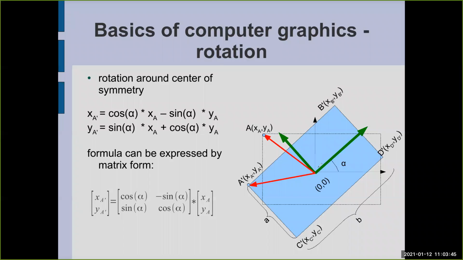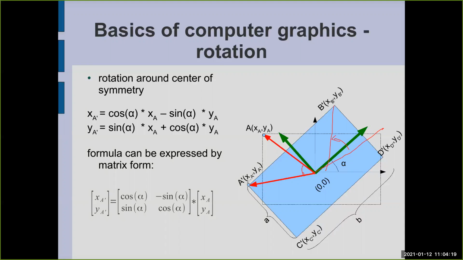In fact, to rotate a rectangle by angle alpha, it's enough to calculate a new position of every vertex. So if I have a vector which connects the vertex with the rotation center, it's enough to rotate this vector, and I can perform it for the other vertices too.